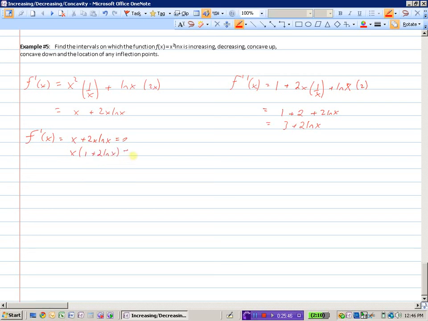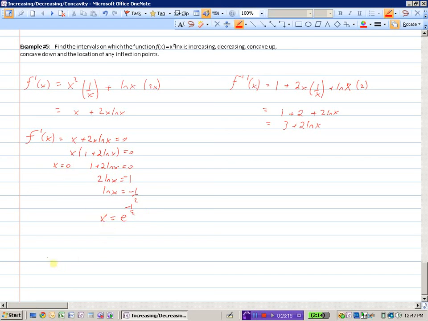And I would get x equals 0 here, or the other factor, 1 plus 2 ln x equals 0, gives me ln x equals -1/2, and solving for x, remember ln is log base e, so using the back rule here, x equals e to the -1/2. So these are the places where the first derivative is 0.